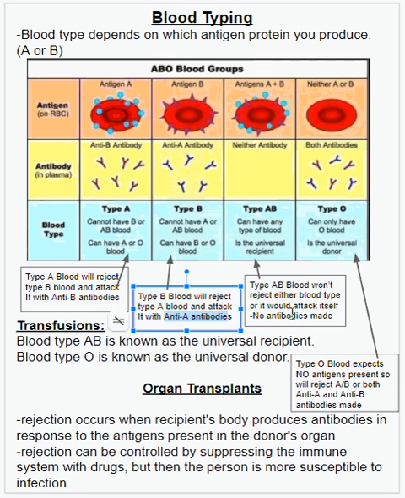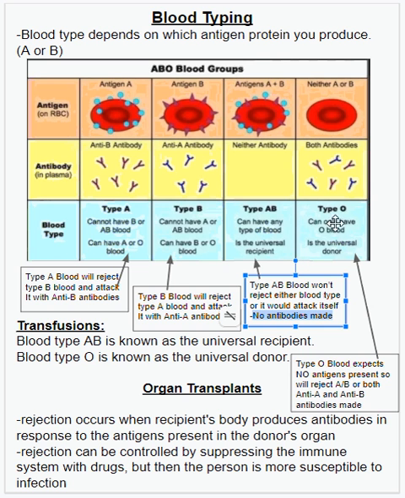A person who's type AB blood can actually have any type of blood transfused. You can put A in, you can put B in, you can put O in, or you can put AB in, because there are no antibodies made that would cause it to reject a foreign protein.